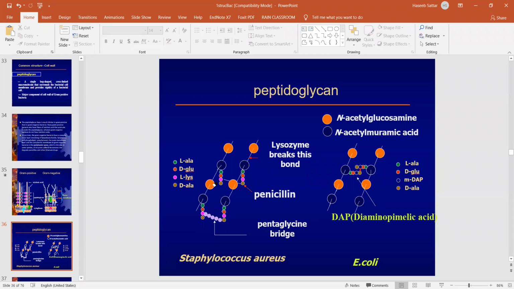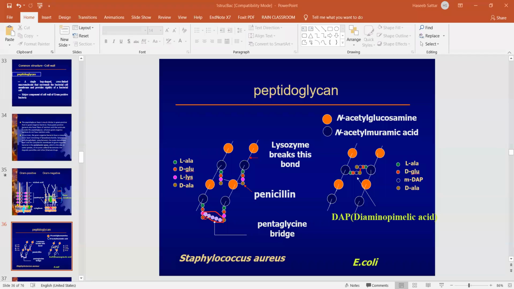Between this linkage, amino acid molecules are also present, but it also varies from bacteria to bacteria. For example, in Staphylococcus aureus, or Staph aureus, if you see here, in the cross linkage or the peptidoglycan linkage, 5 amino acid molecules are present.